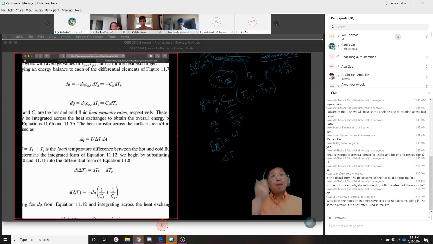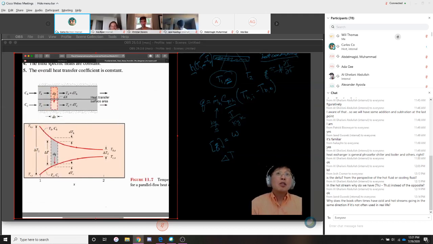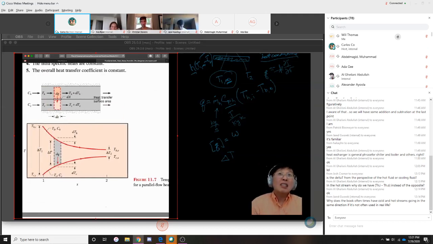You might ask again, Carlos, can you show me again where's delta T, where's dA? Well, it's right here in this picture. At this particular position in the heat exchanger, there exists a certain amount of area. For this small amount of area, there's so much heat exchange that's going to occur.